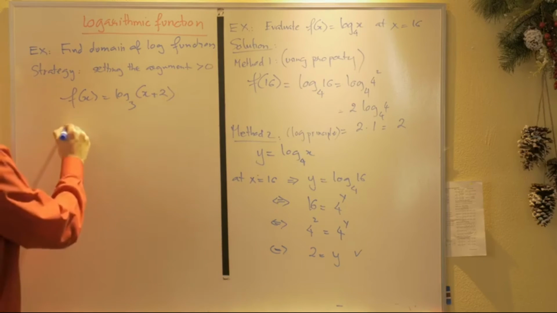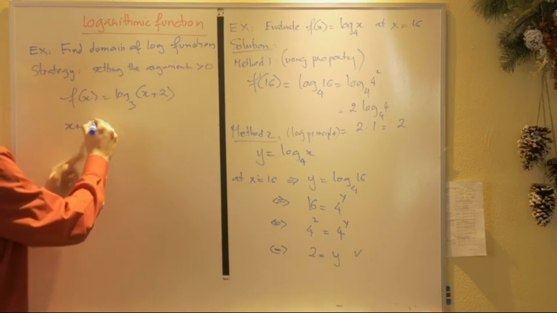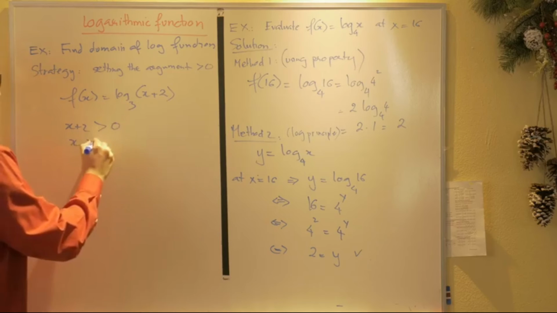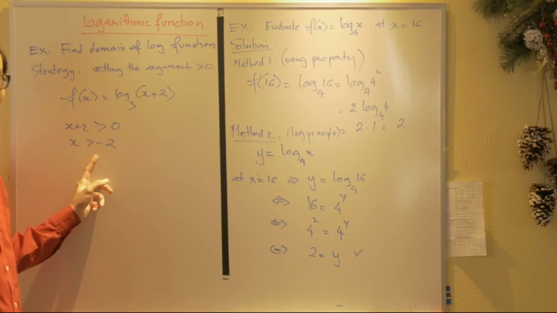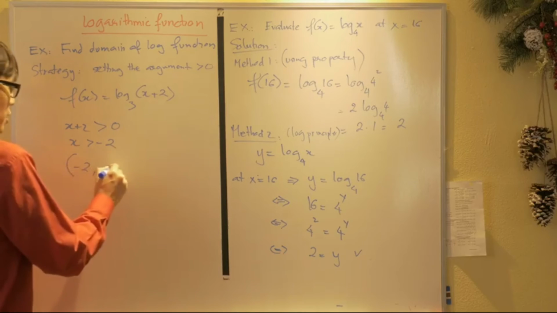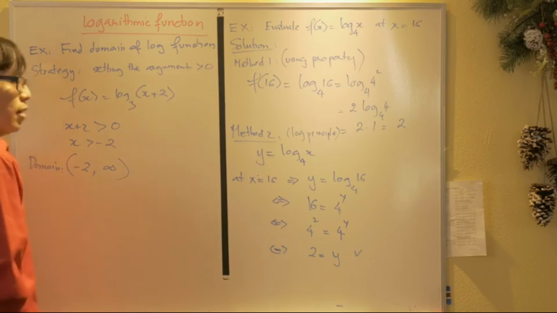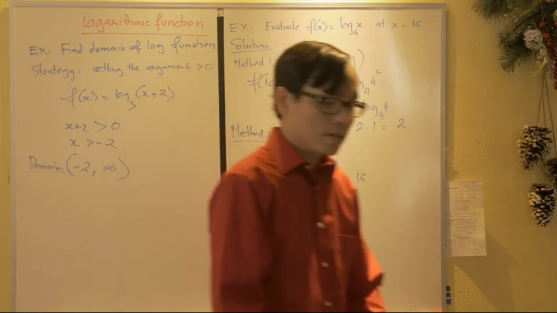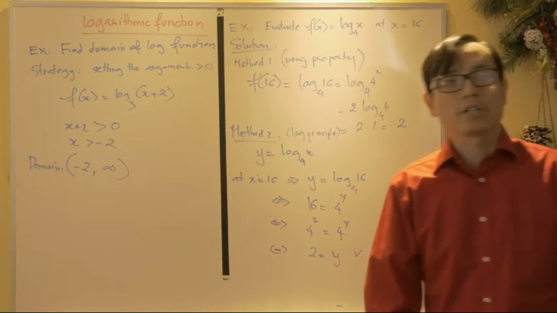So you set the argument greater than 0, and you solve for x. And from here you can derive the interval notation: negative 2 to infinity. So that's it. And you use the same strategy when you find the domain of any log function.